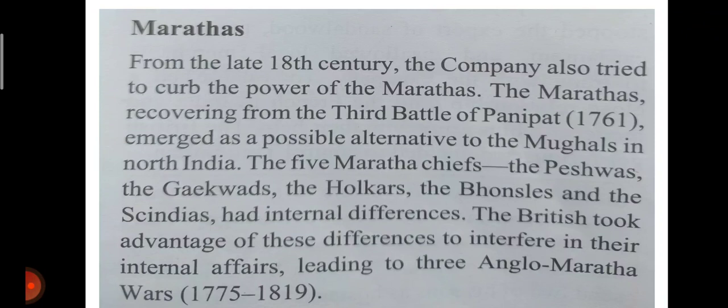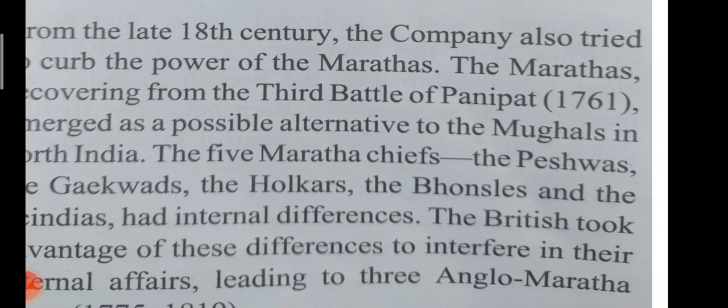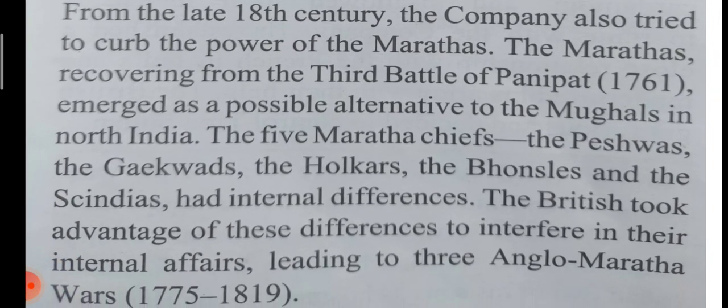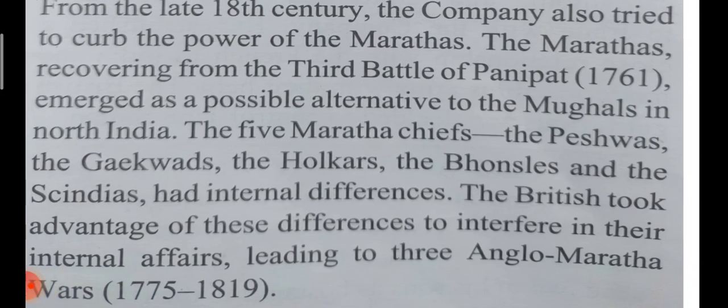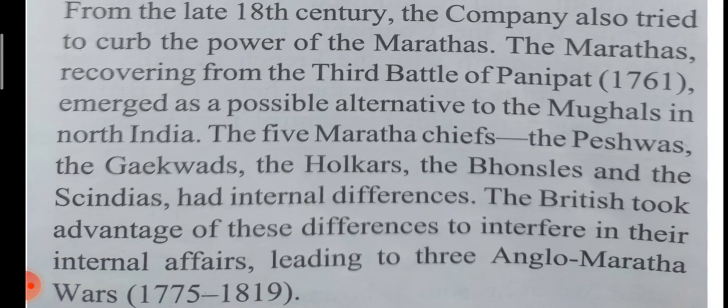The Marathas. From the late 18th century, the company also tried to curb the power of the Marathas. The Marathas, recovering from the Third Battle of Panipat in 1761, emerged as a possible alternative to the Mughals in North India.